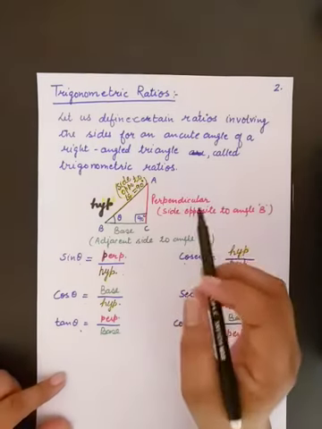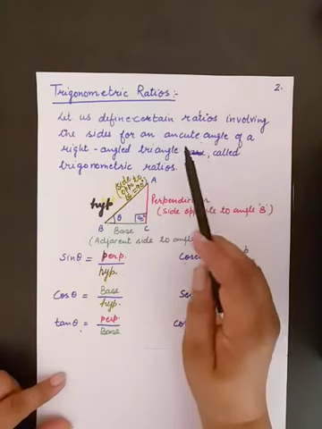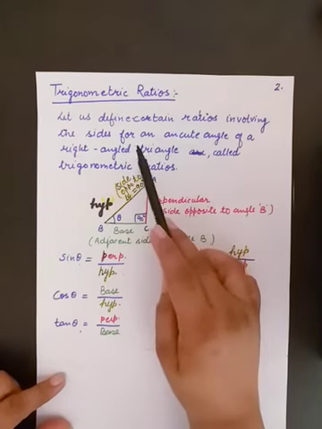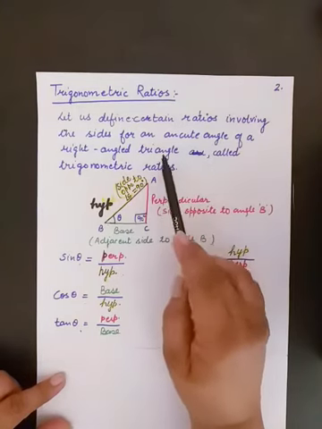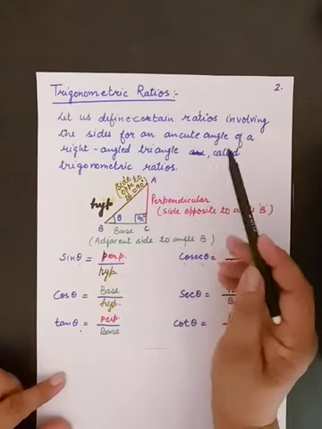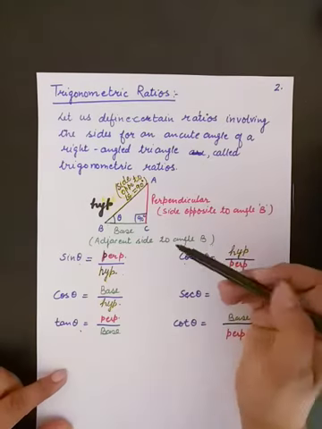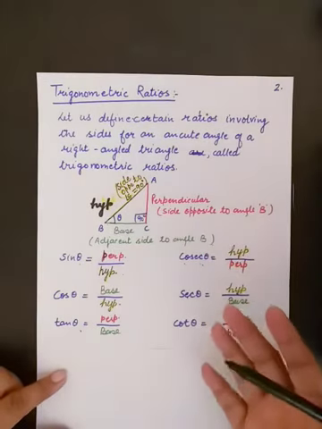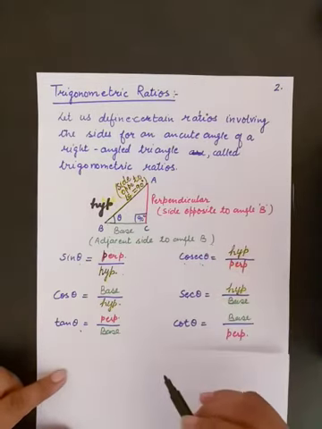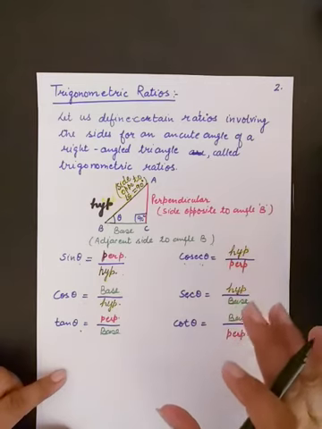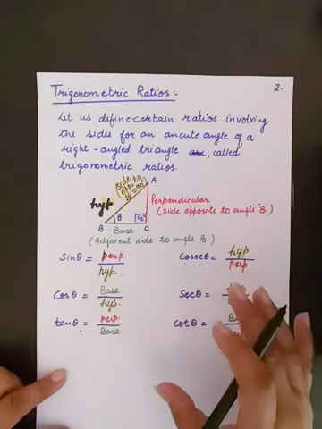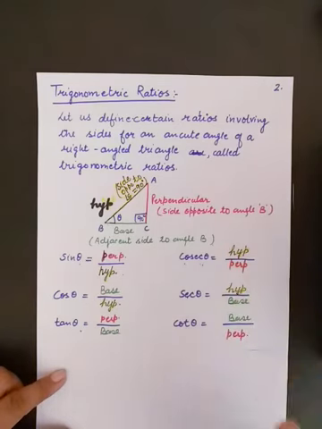So let us define certain ratios involving the sides of an acute angle of a right angle triangle, called trigonometric ratios. Meaning, when in a right angle triangle for some acute angle we write the ratio of any two sides, it will give us some T ratio.